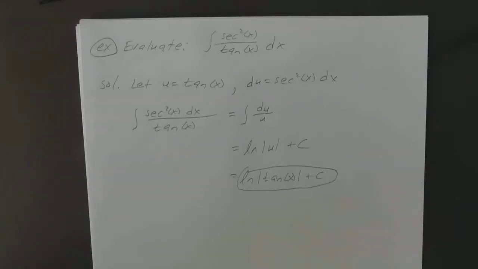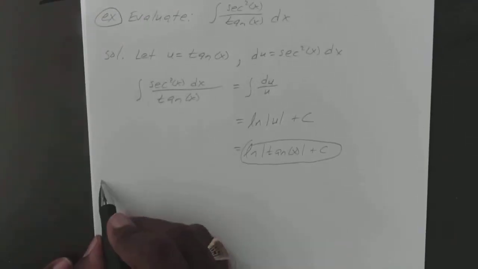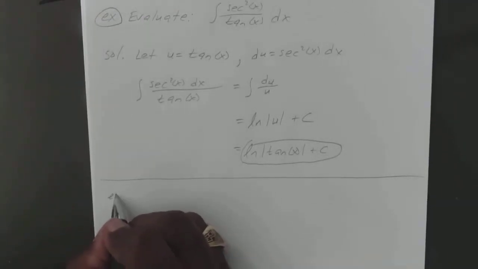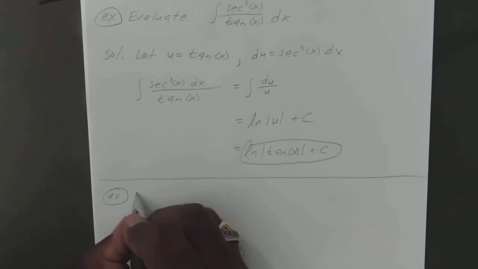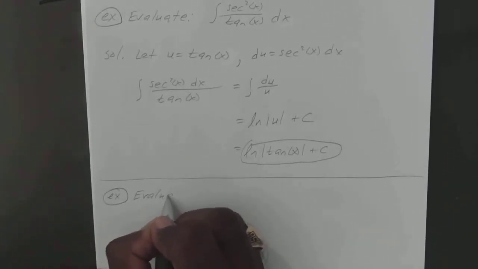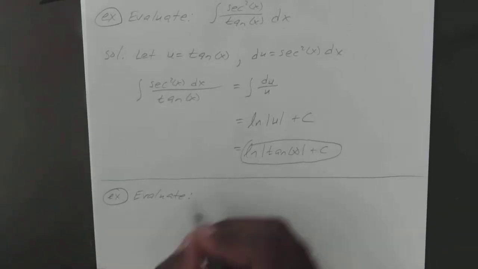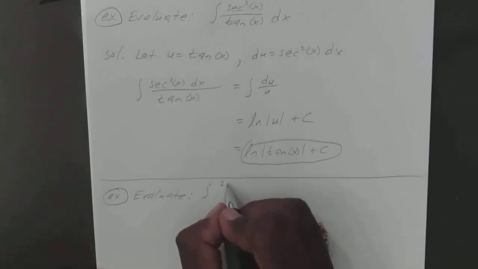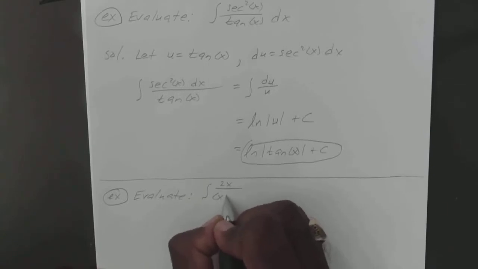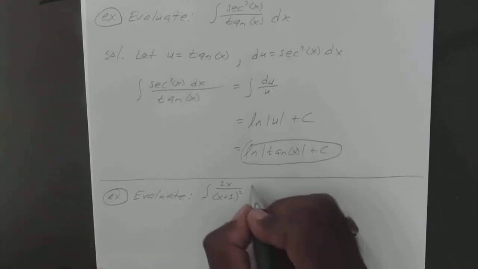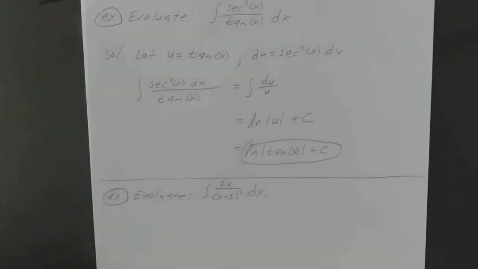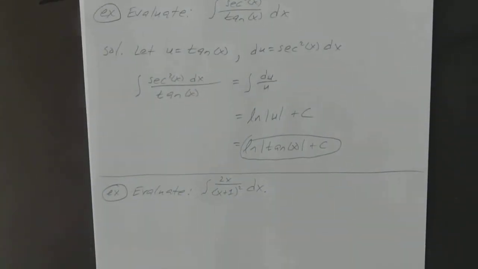All right, so any questions on that one? Okay, so let's try another one here. Let's say, for example, you wanted to evaluate the integral of 2x over x plus 1 squared with respect to x.